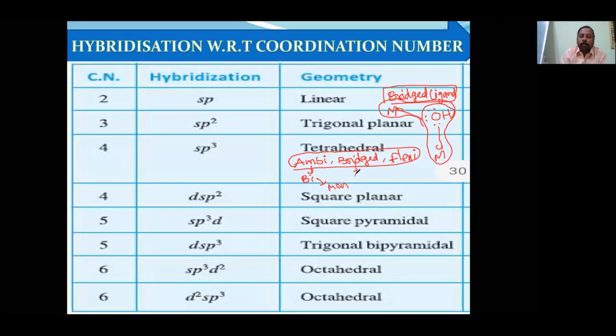Only one donor site is used. The bridge ligand is a monodentate but acts as a bidentate. And flexidentate has the capacity to switch between monodentate, bidentate, tetradentate, hexadentate. They are called flexidentate ligands. A flexidentate ligand is EDTA, ethylenediaminetetraacetate.